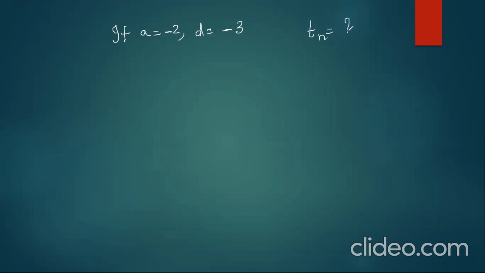In this way also they can ask. So the same thing: Tn is equal to A plus (n minus 1) into D.